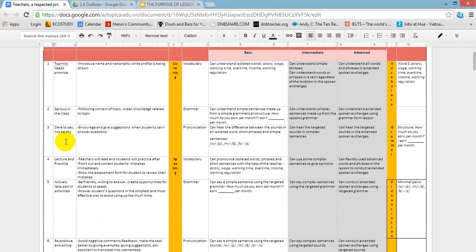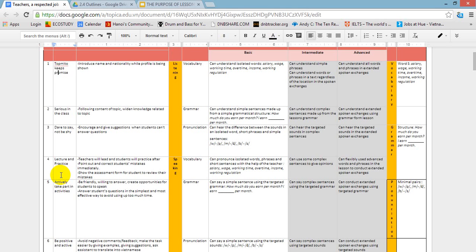Thirdly, we need to encourage the students to speak and not to be shy. So we have to give them encouragement and suggestions and help to make them feel more confident. And fourthly, we need to lecture and practice, which means that we need to give the students examples or lead them, and then they will practice themselves after that.